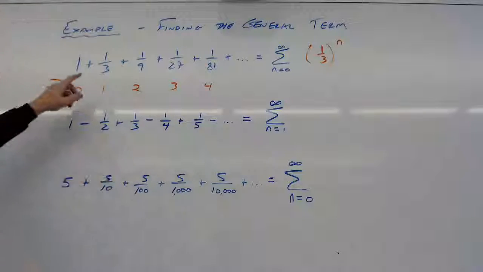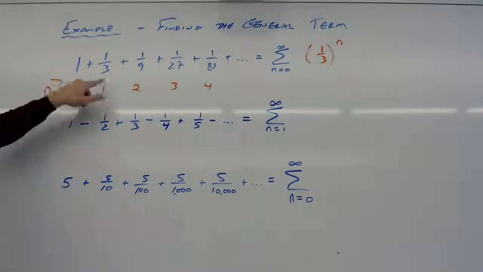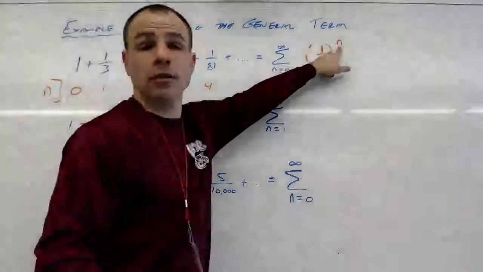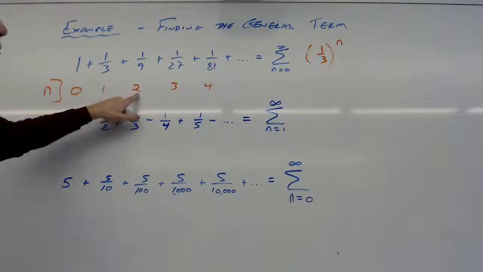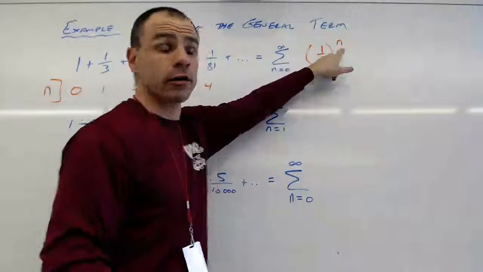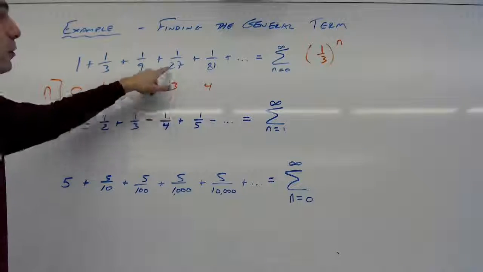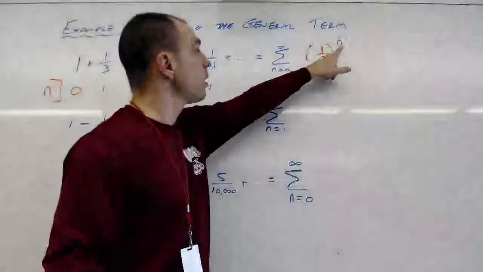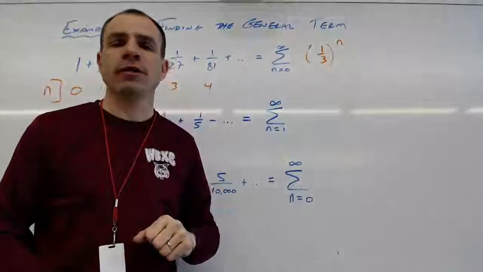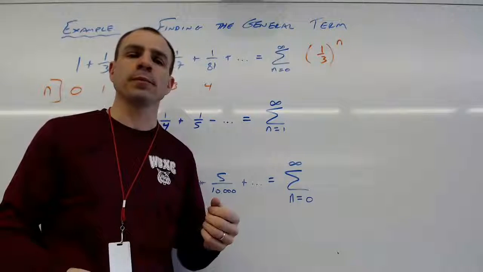Now we have 1/3 to the 0 power is 1. All right, then n bumps up to 1. 1/3 to the first is 1/3. Then n bumps up to 2. 1/3 squared gives us a ninth. Right? So this does seem to work. 1/3 cubed gives us a 27th. 1/3 to the fourth gives us 1/81. So that expression right there, that is our general term. That's our a sub n for this first example.